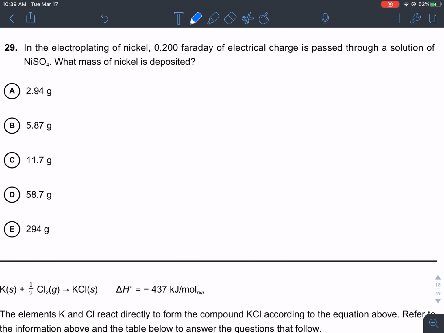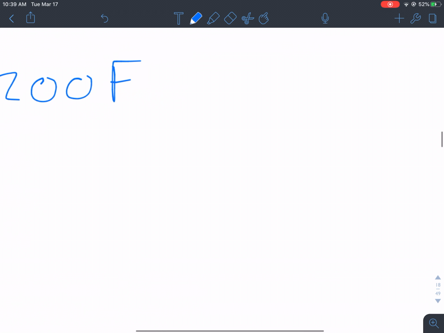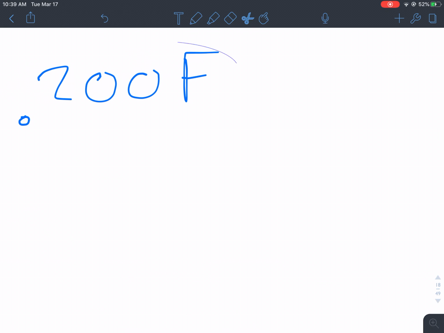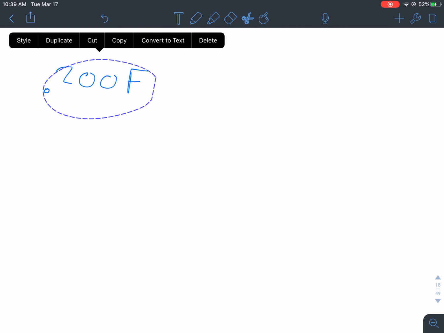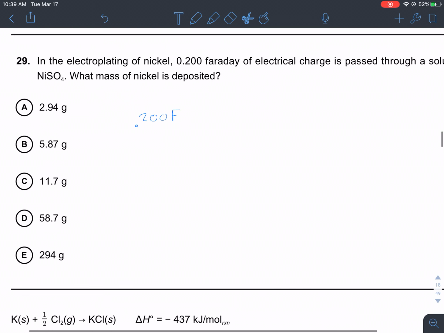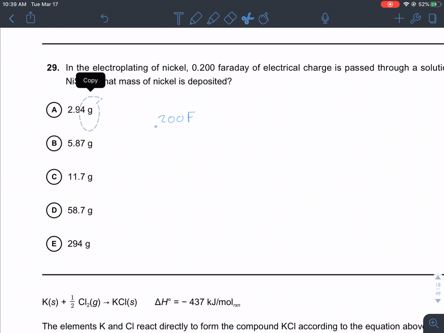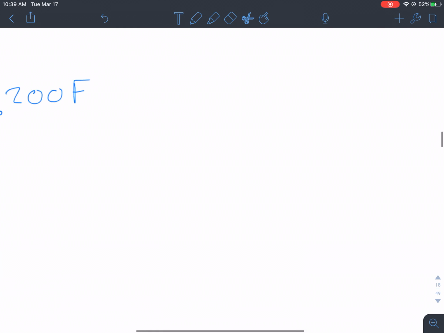There is 0.20 Faradays in this question. You know what, let me shrink this a little bit. I'm just the kind of guy who's going to try to get to grams.